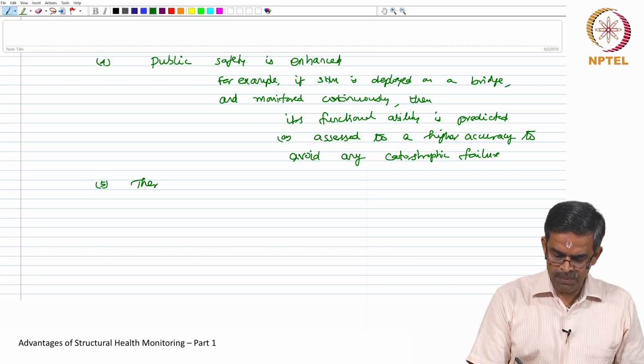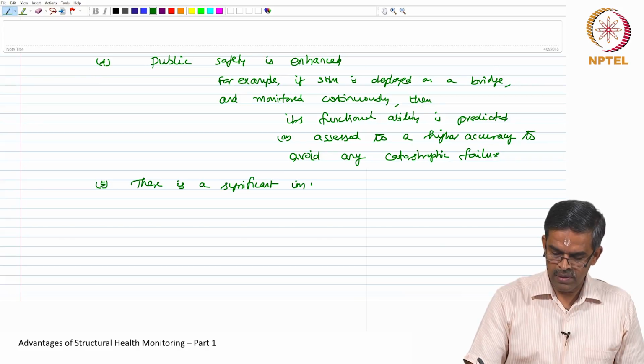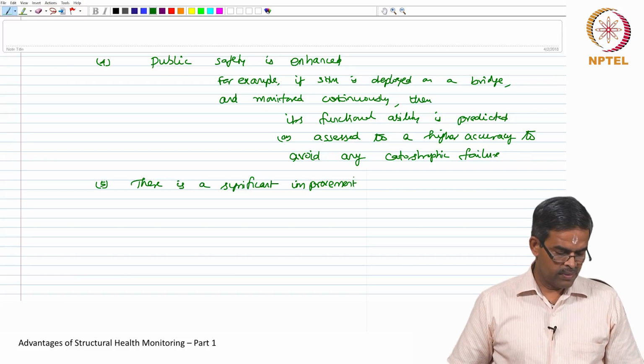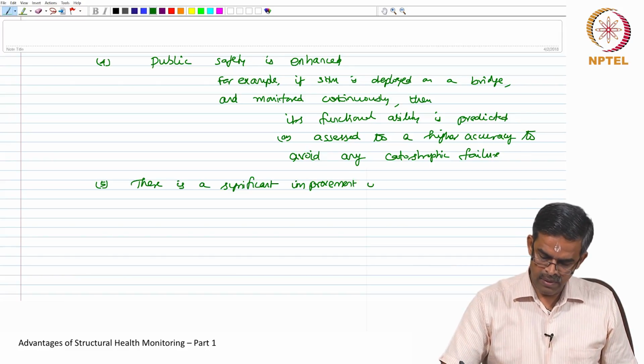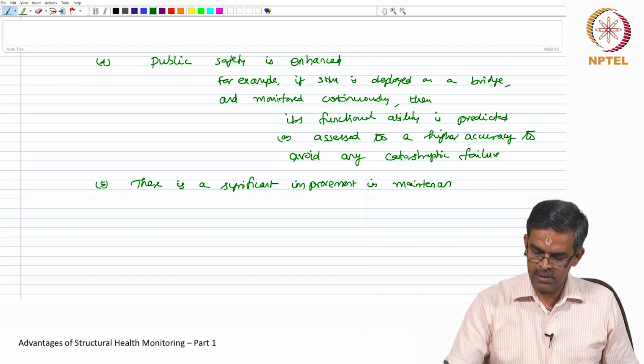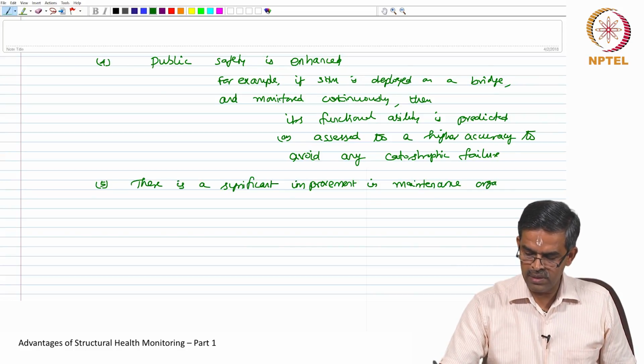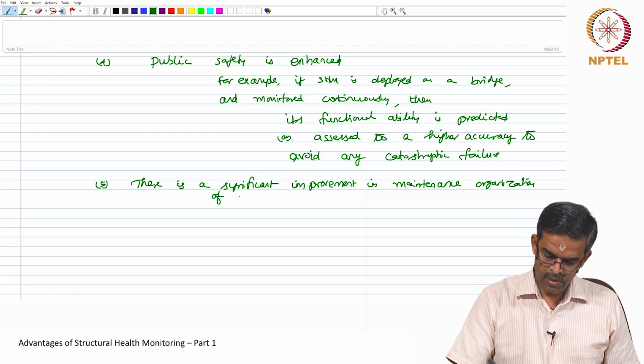There is a significant improvement in maintenance organization of public structures.